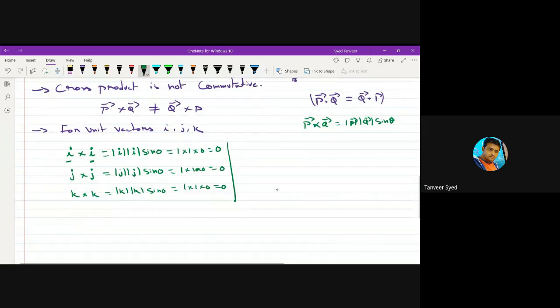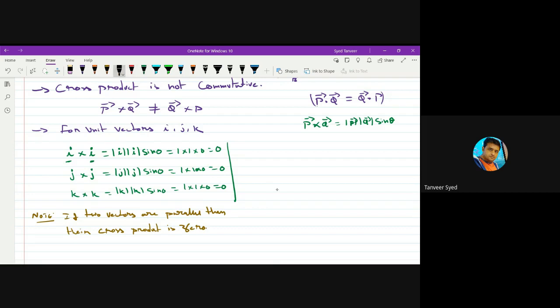You can also say this like: if two vectors are parallel, then their cross product is 0. If you compare this with the dot product, which was 0 when two vectors were perpendicular, the cross product is 0 when two vectors are parallel.